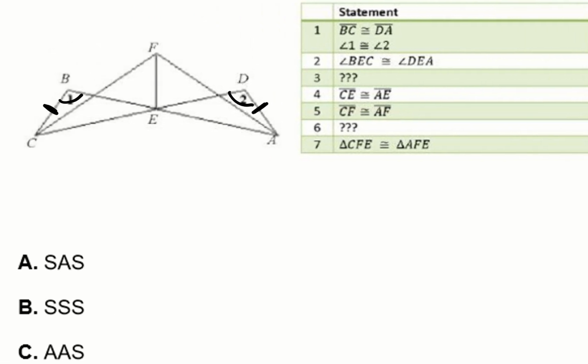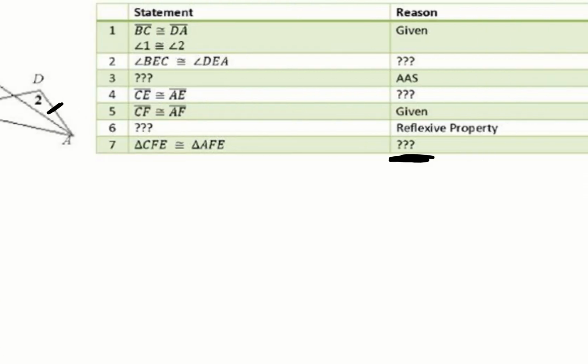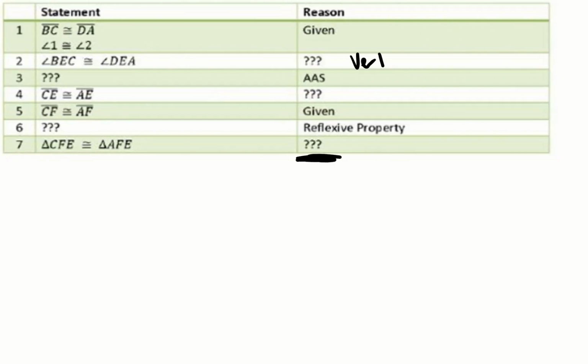Now, we also know that angle BEC is congruent to angle DEA. So this angle here. And that's because those are vertical angles. So they're congruent because of vertical angles. Vertical angles are always congruent.